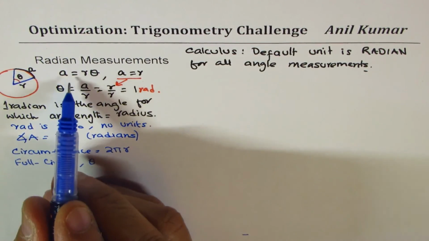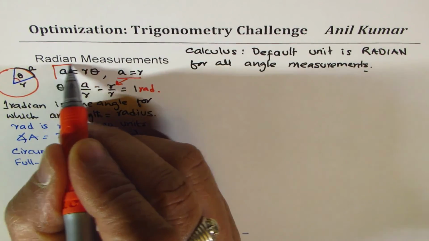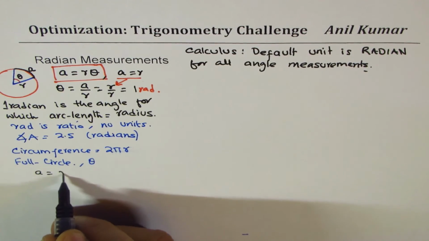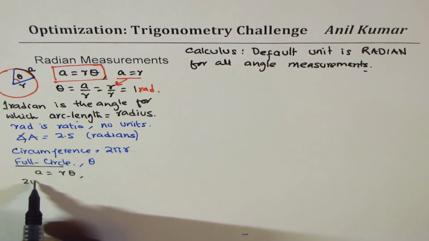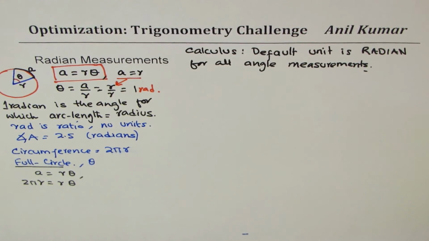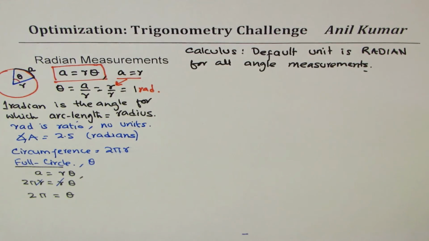In that case, we can again use the same equation, A equals R theta. Now for a full circle, A is 2 pi r, right? So we get 2 pi r equals R theta. Now clearly R and R cancel. So we get 2 pi is equal to theta. So in radians, a full circle means an angle of 2 pi radians.